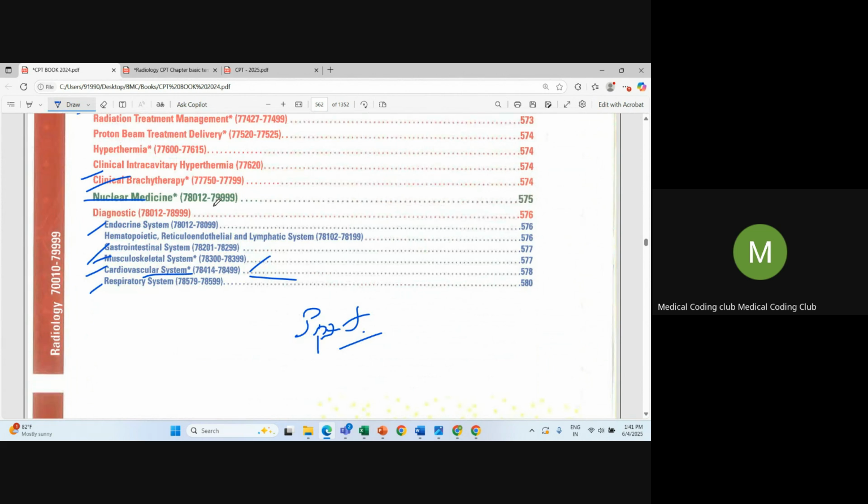Okay, so all of these sections are important. The concepts which I have orally explained are very important, and these are all common professional services. Except radiation oncology, most of the things are professional services.